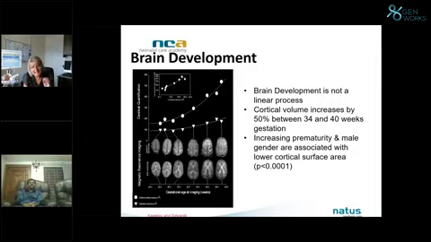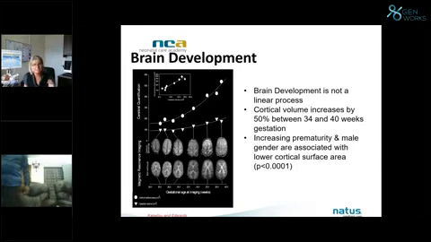And they're still an at-risk group when we think about the infants who may have neurodevelopmental challenges. So again, in this late preterm infant, this period between 34 and 40 weeks gestation is critical because the relative percentage of both the grey matter and the myelinated white matter to total brain volume really increases exponentially.